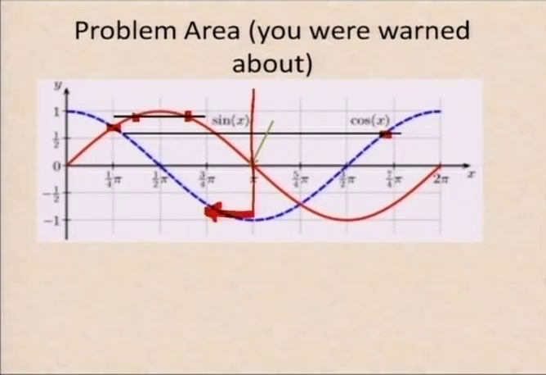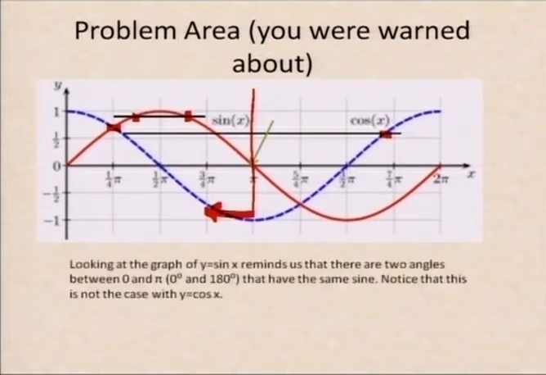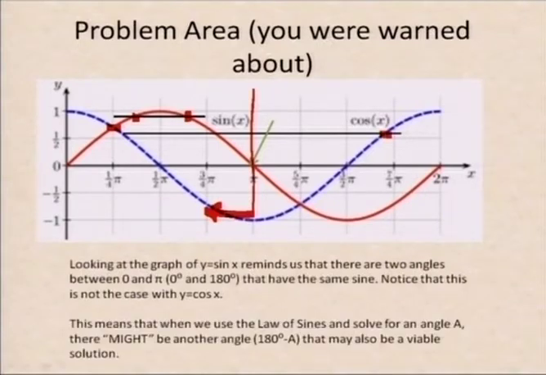It's over here, it's 360 minus theta instead of 180 minus theta. So, we've got that. So when we solve using the law of sines, there might be, and that is a big might there, another angle that might also lead to a viable solution.